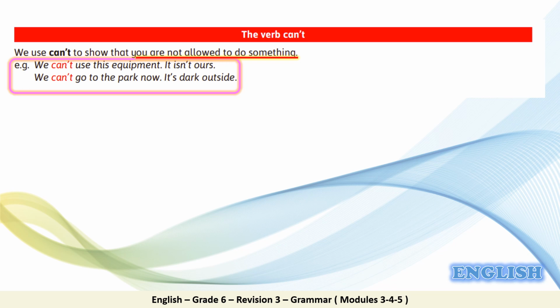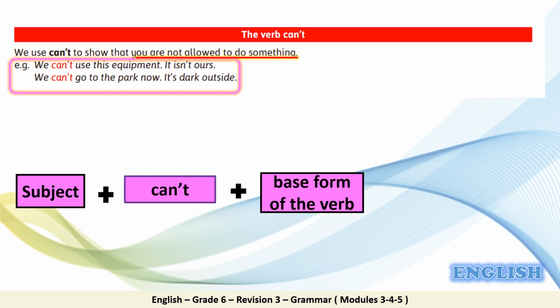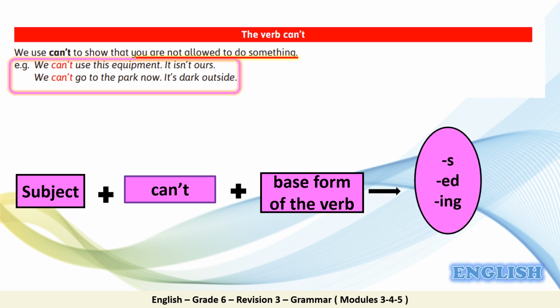And number two, we can't go to the park now, it's dark outside. So here it is impossible to go. It doesn't mean that we are not able to do it. So the rule here is subject plus can't, plus base form of the verb, and as usual there isn't any suffix.